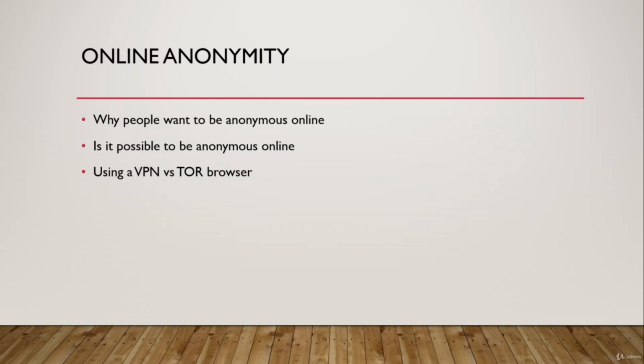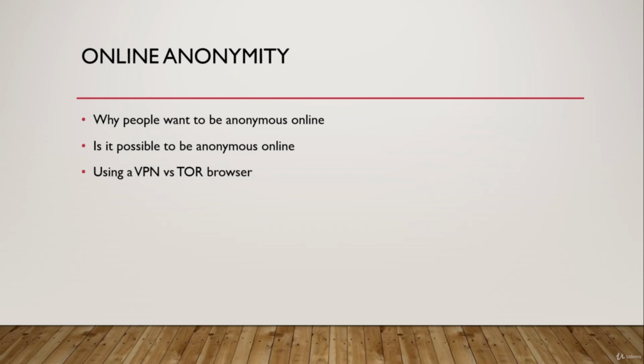Next question: using a VPN versus the Tor browser. Basically, the difference is that a VPN will generally be faster, because VPNs have their own servers.